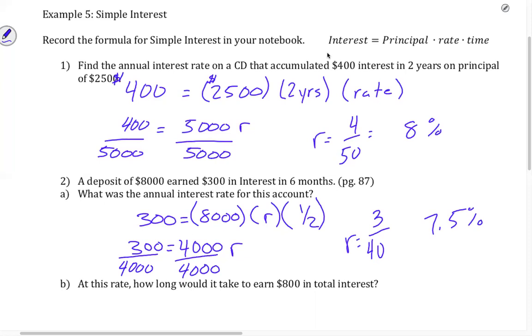And then it asks, at this rate, how long would it take to earn $800 in interest?